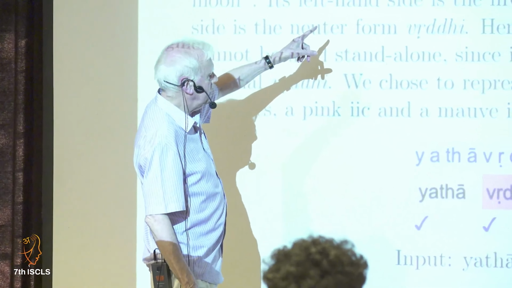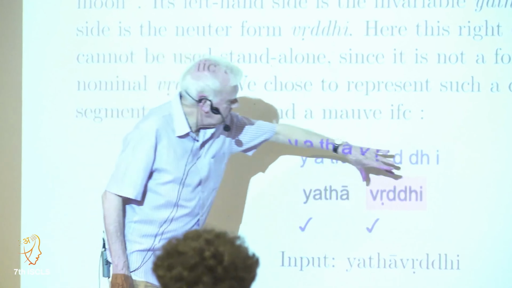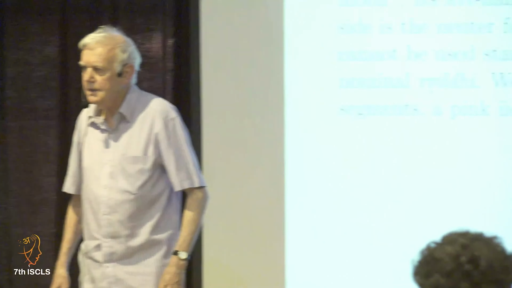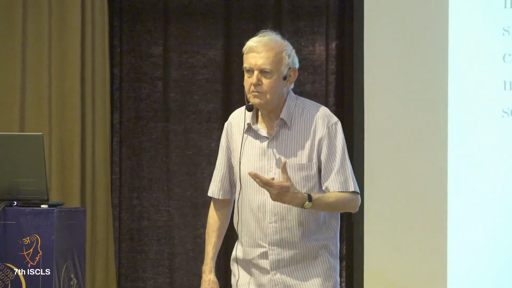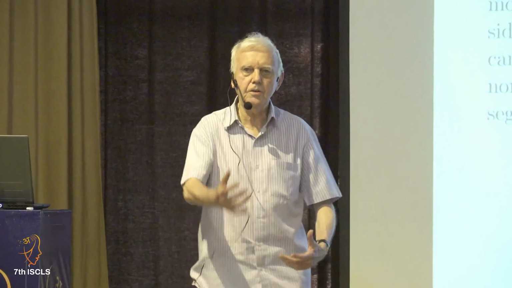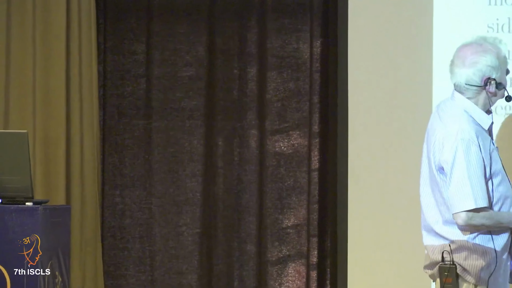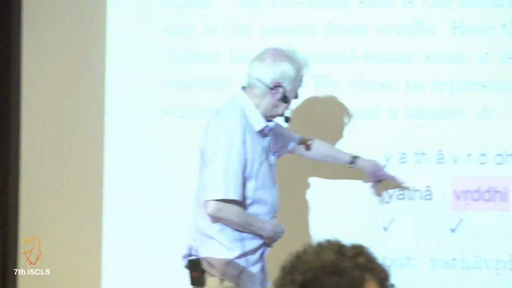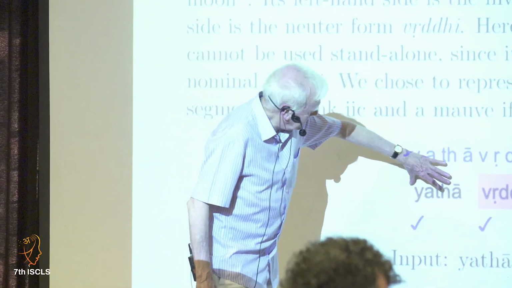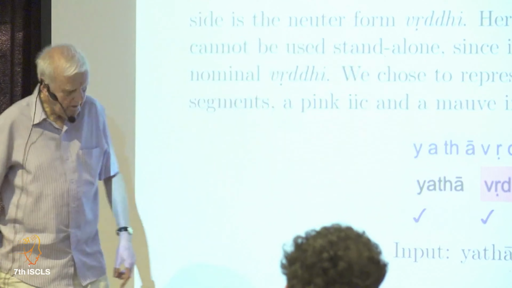And here we have a problem of vibhakti, because vriddhi is not a proper pada. It's not a form of vriddhi, which is a feminine stem. So it can occur only in this kind of situation where you're making a compound that turns an indeclinable into a full adverb.